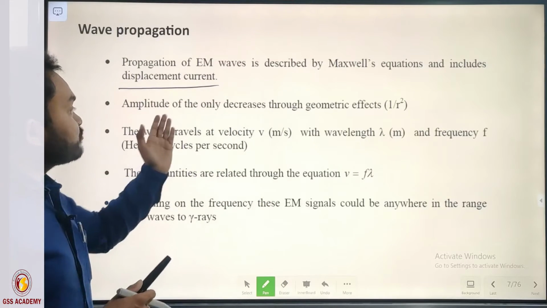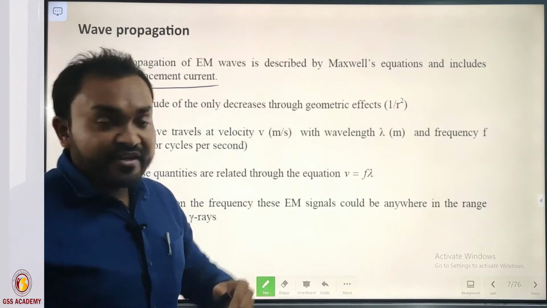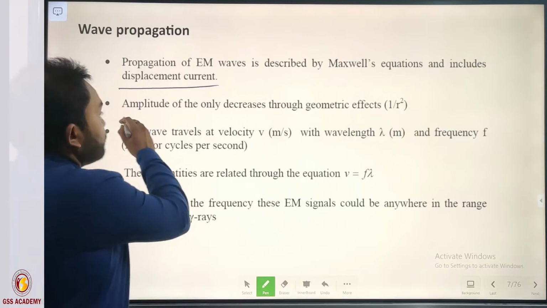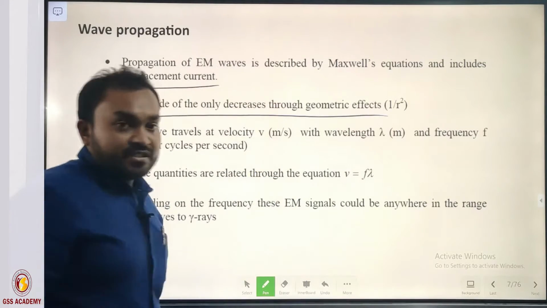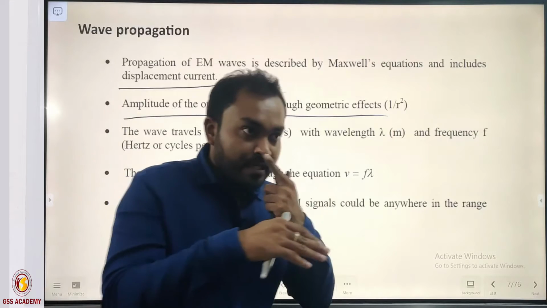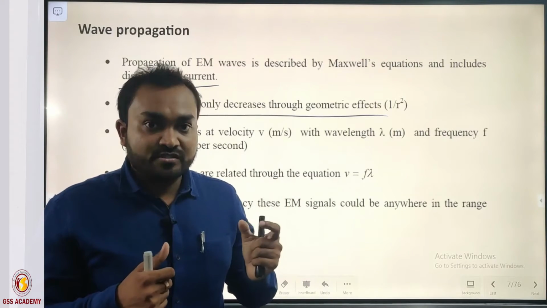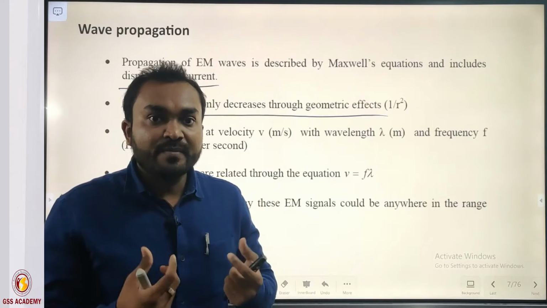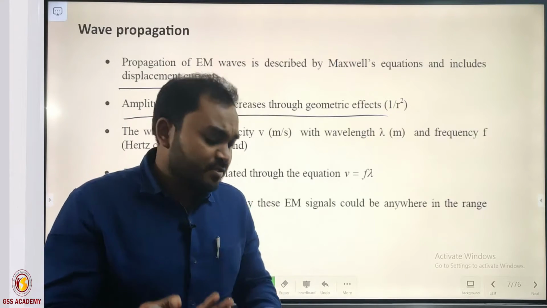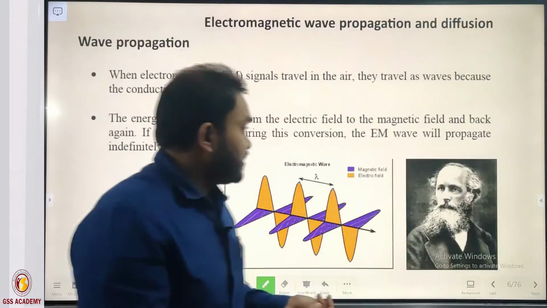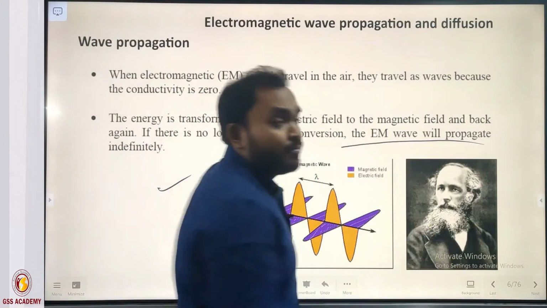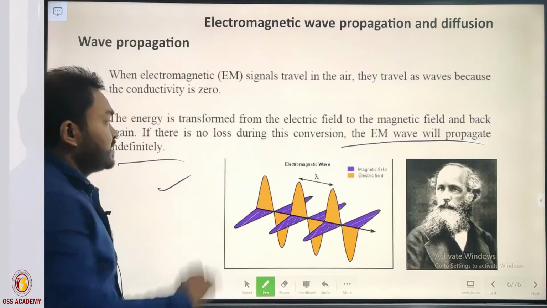The amplitude only decreases through geometric effects. If there is no loss of energy or amplitude, the wave will obviously propagate indefinitely. Here we have seen that the EM wave will propagate indefinitely.